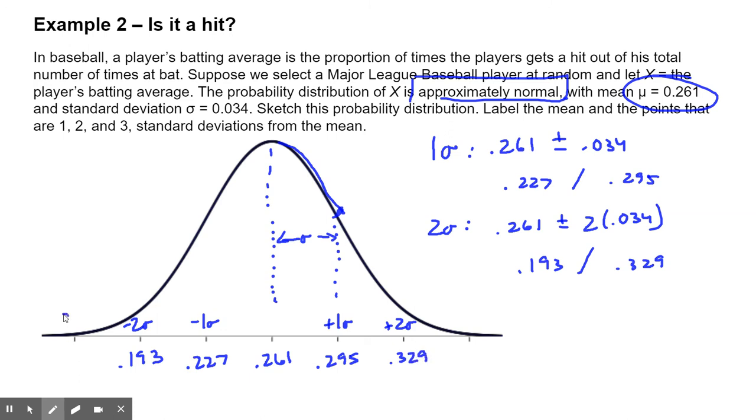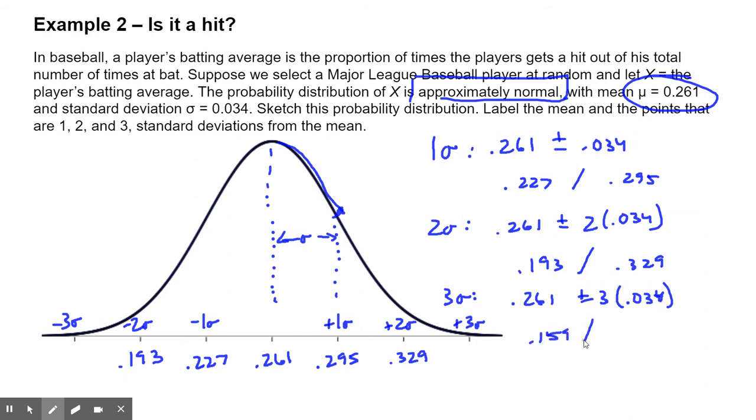And then lastly, I'll do minus 3 standard deviations and plus 3 standard deviations. So to do that, you need to take the original mean and add or subtract 3 times the standard deviation. 0.261 minus 3 times 0.034 is 0.159.